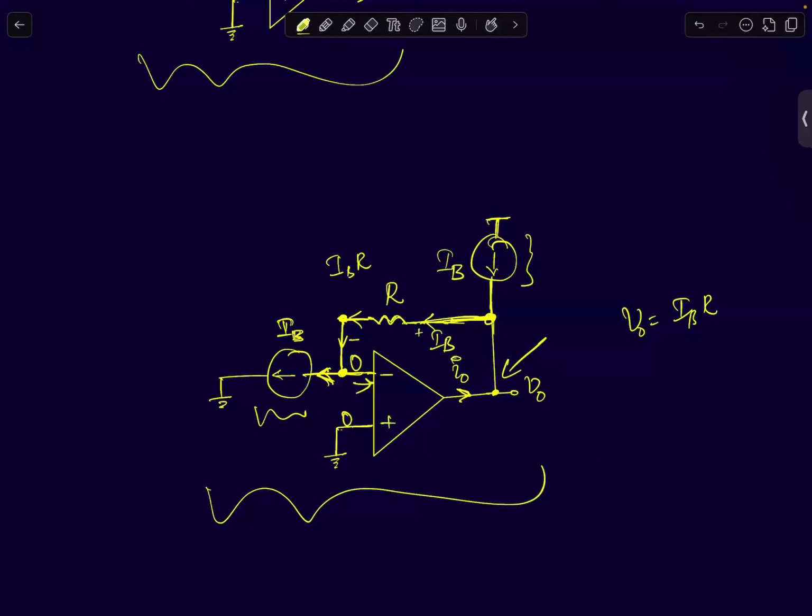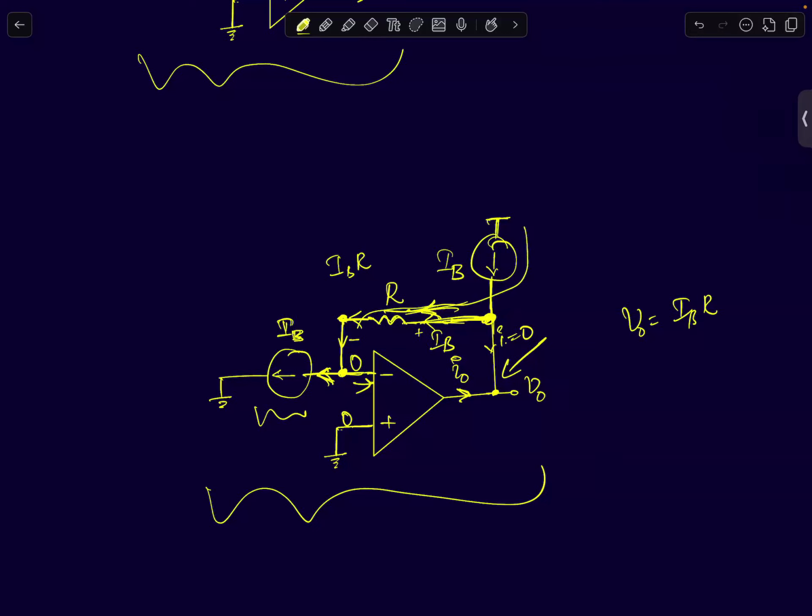Now if you look at this node, IB current is entering this node. No current flows through this; the current here is 0. All the current that's flowing through the resistor is being supplied by this current source. This guy is supplying all the current.